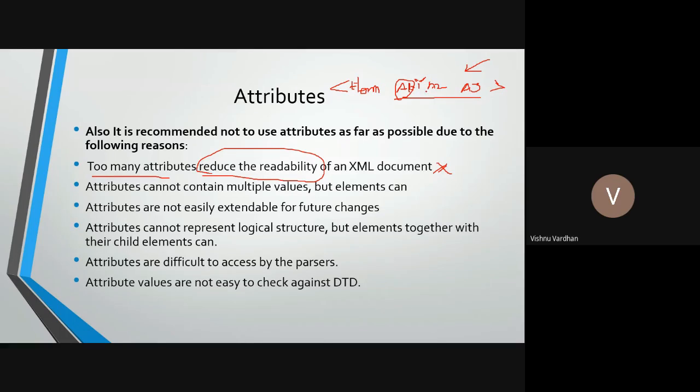If you want to stuff in anything else, you can take an additional attribute and keep that additional value of 2 in it. Okay, suppose you want to store a student's roll number. A student's roll number is only one; students don't have multiple roll numbers. So you can keep that as the student roll number, whatever the roll number you want to store. Okay, so attributes cannot contain multiple values. It is valid for elements, but a single attribute cannot contain multiple values.